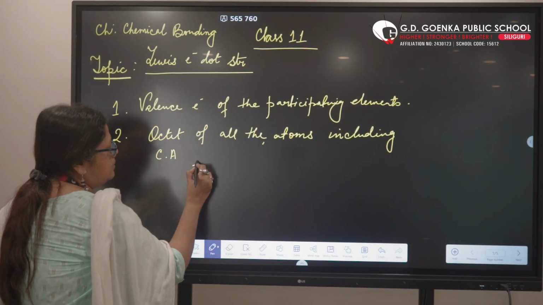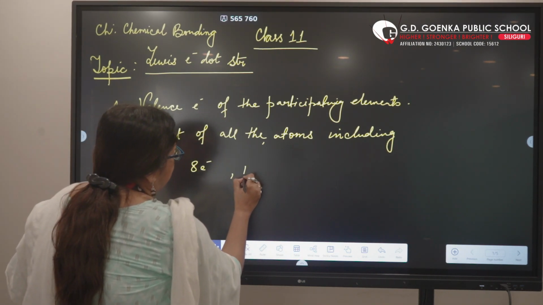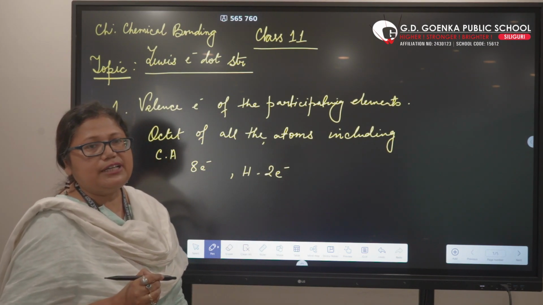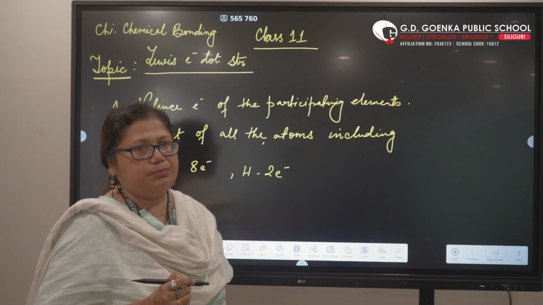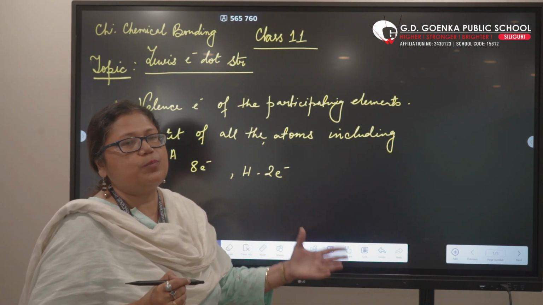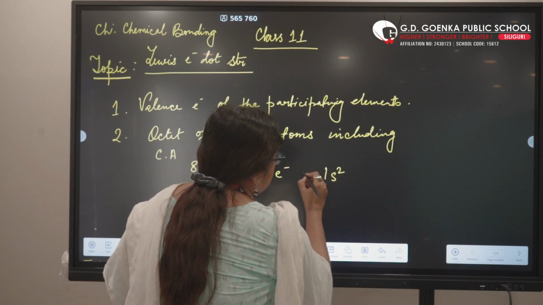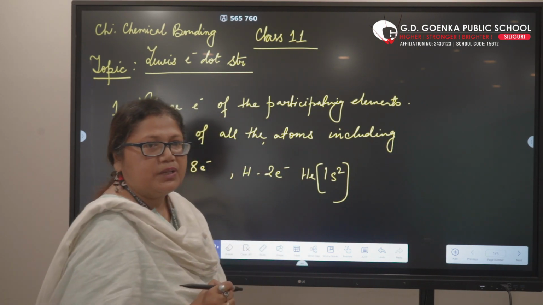So for other atoms it is 8 electrons after sharing. Only for hydrogen it is 2 electrons. Why? Because hydrogen will try to attain the nearest noble gas configuration, the helium configuration of 1s2, and that is why for hydrogen it is a duplet.